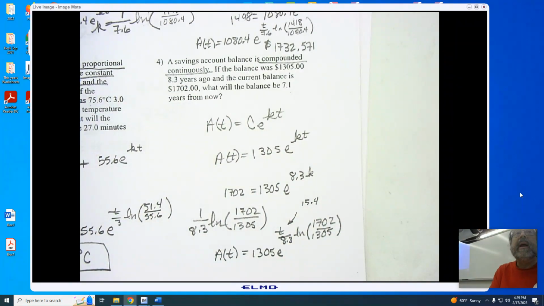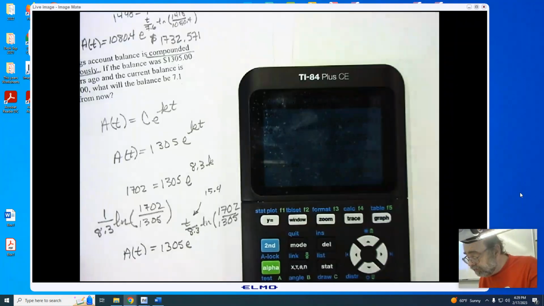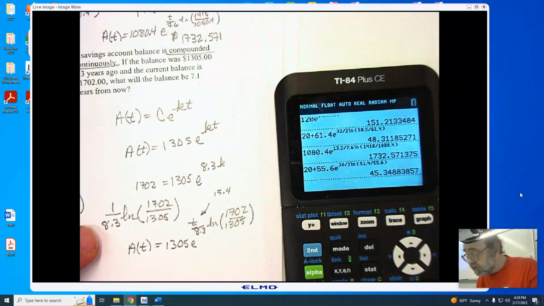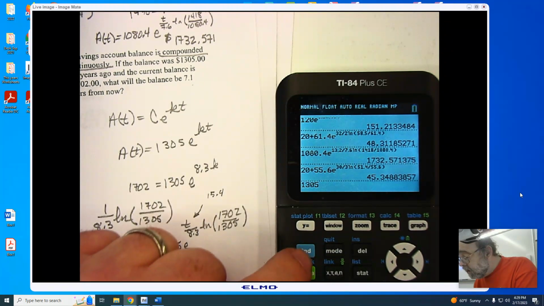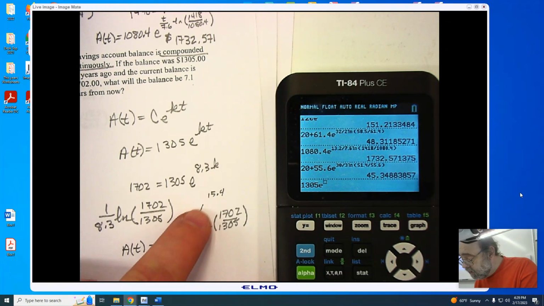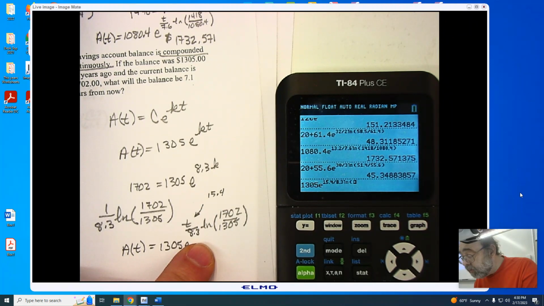We're using our calculator now, and we're going to do exactly as we see it. 1305 times e to the power of 15.4 divided by 8.3 natural log 1702 divided by 1305 and hit enter.